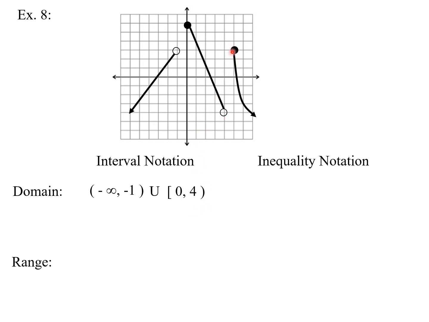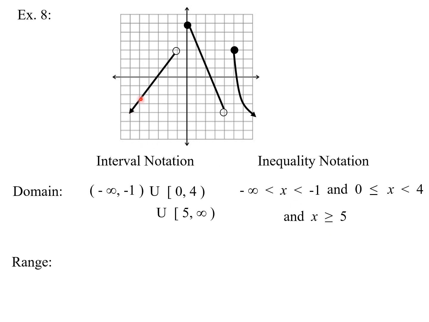And then it skips to x equals 5, inclusive, and then it goes to positive infinity from there. So we write it like that. In inequality notation, there's the first part, there's the second part. Be careful with the less than or equal to signs and the less than signs. And the last part would be that right there.